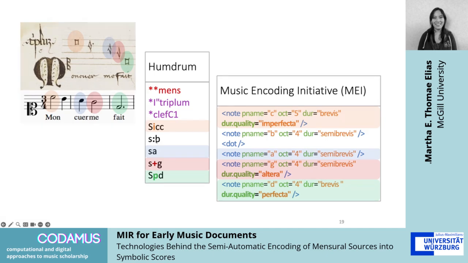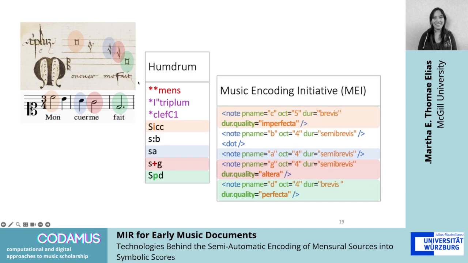And then you have here the other notes that are an octave below, B, A, G, and D. The first letter in each of these entries is basically the note shape. So capital S is for brevis. You can see it in the first and last note. And then lowercase s is for the semibreves, so for the diamond shapes.